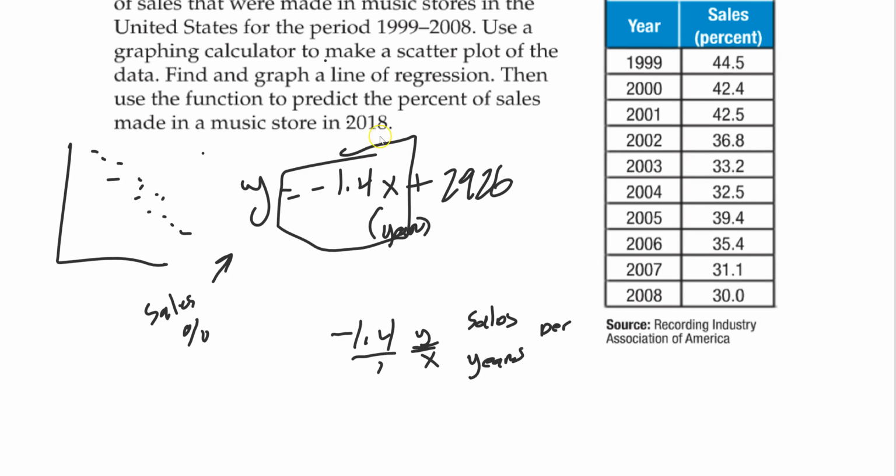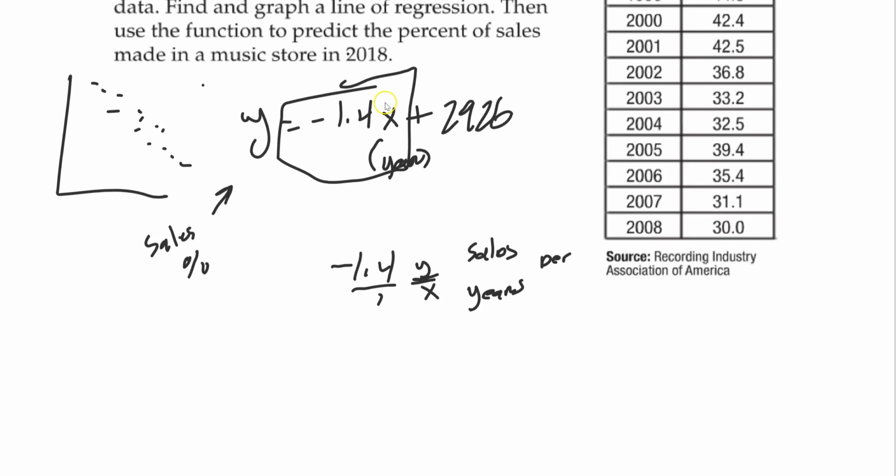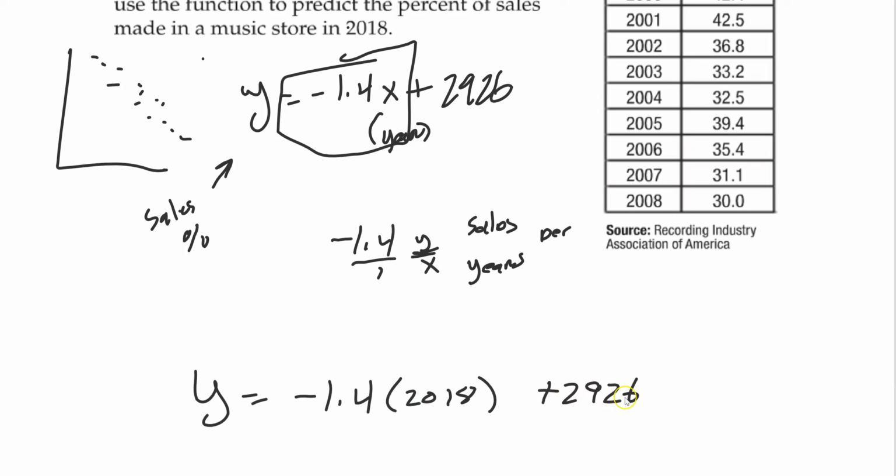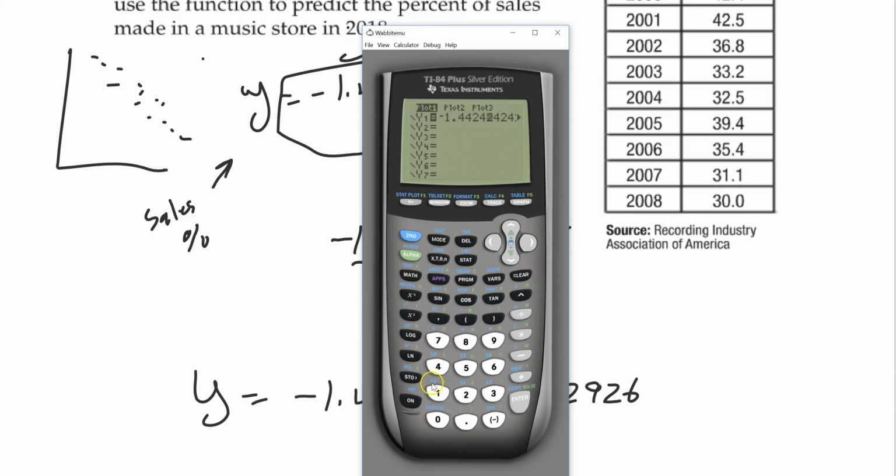Anyway, now they want me to predict the sales in the year 2018. So all we have to do is sub that in. So Y is going to equal negative 1.4 times 2018 plus 2926. Plug that into our calculator.